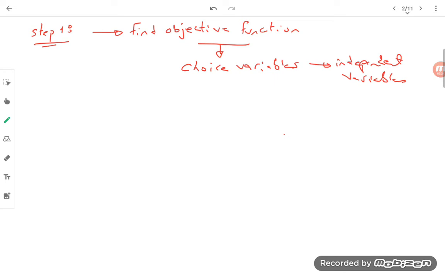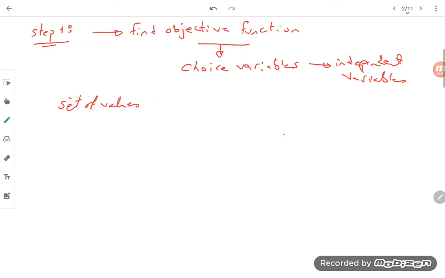So mainly, the optimization process helps to find the set of values of the choice variable that will lead to the desired maximum or minimum or extreme value of something. So once again, we would like to find a set of values.